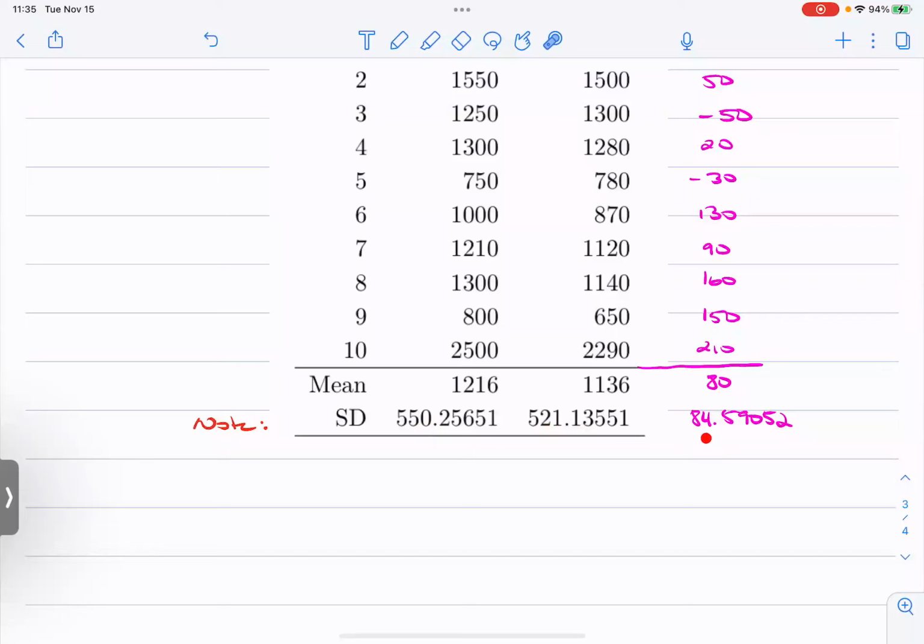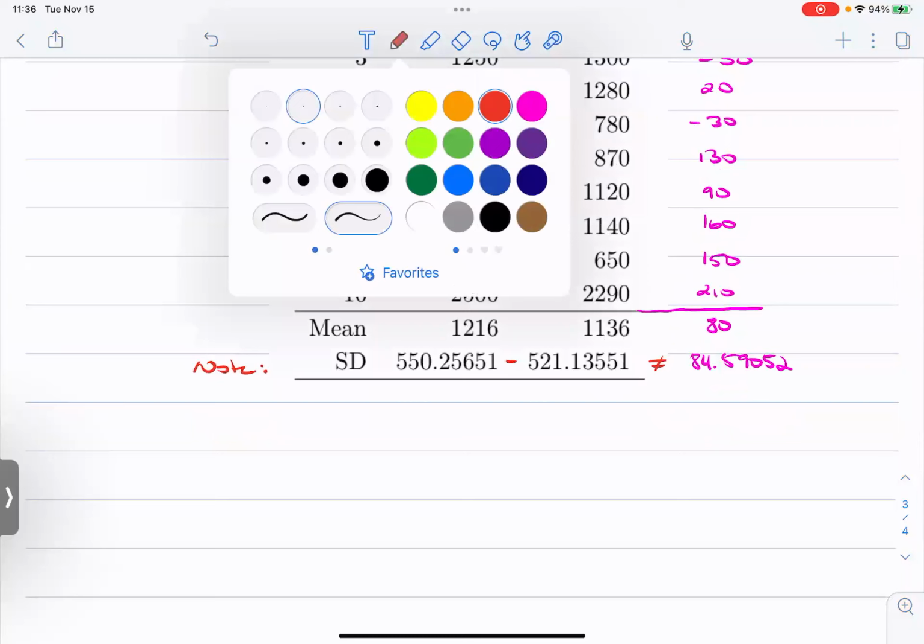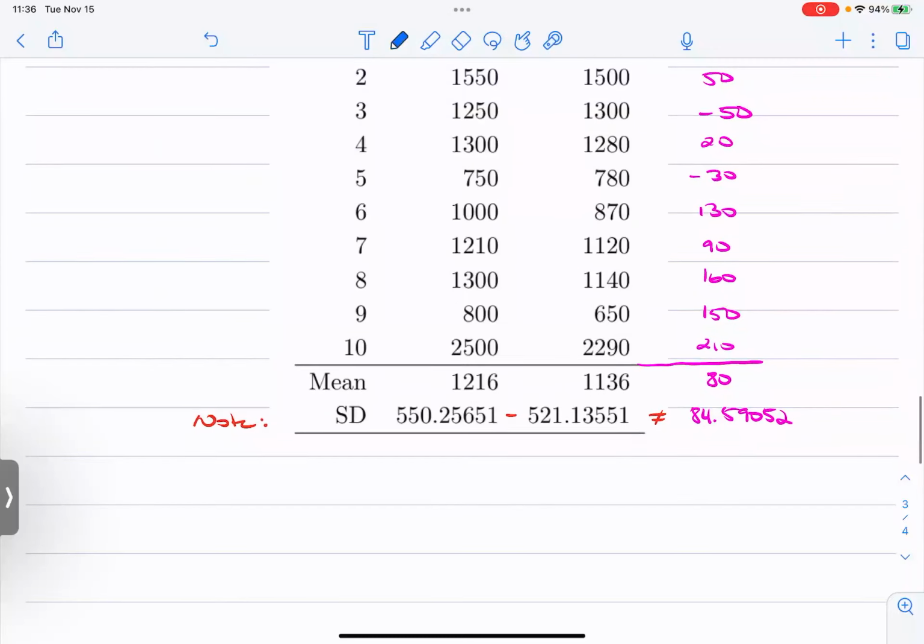So if you don't have these values, you do need to calculate the standard deviation of the differences. It's a common mistake that I see: even though I give you the standard deviation of the differences, people tend to want to just take the subtraction. It doesn't make sense, but just be aware that that happens.